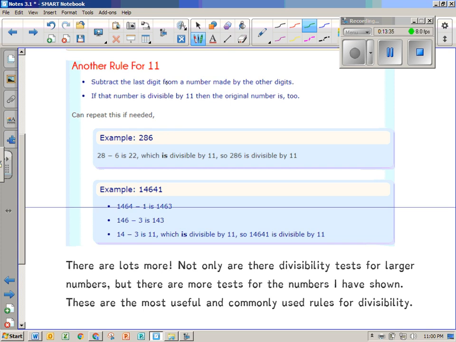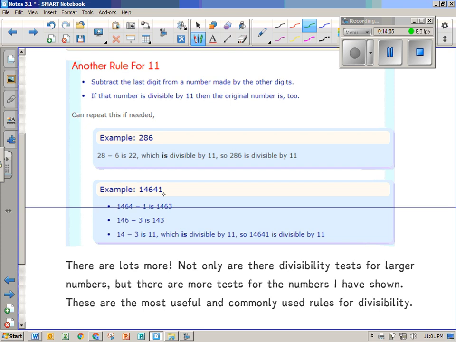You subtract the last digit from the number made by the other digits. That's a lot like the rule for 7, except there's no doubling. So I'll subtract 6 from 28, and I get 22. Well, 22 is divisible by 11. That would help me possibly in something we're doing later with prime factorization. There's reasons why that would be handy.